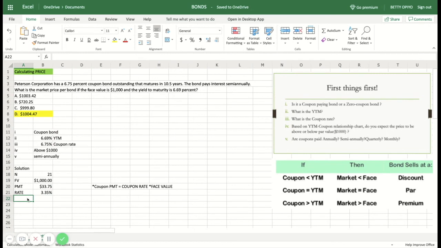And then now that you have that, we can calculate the present value, PV, which is also the price of the bond.